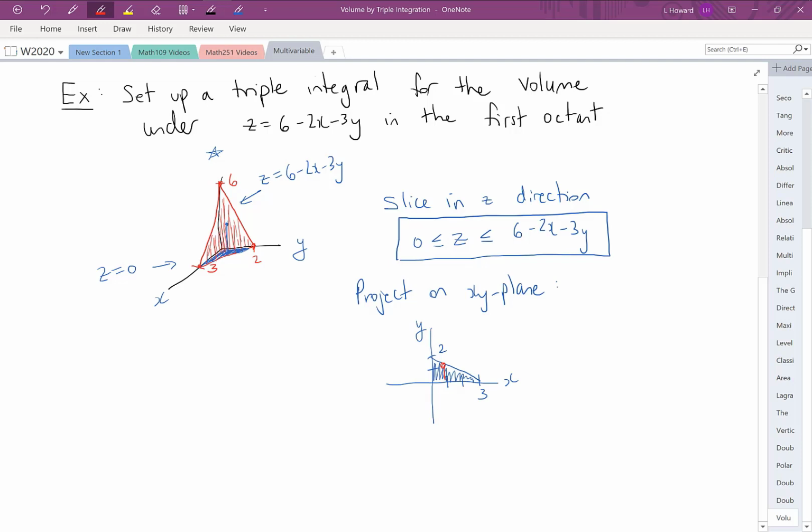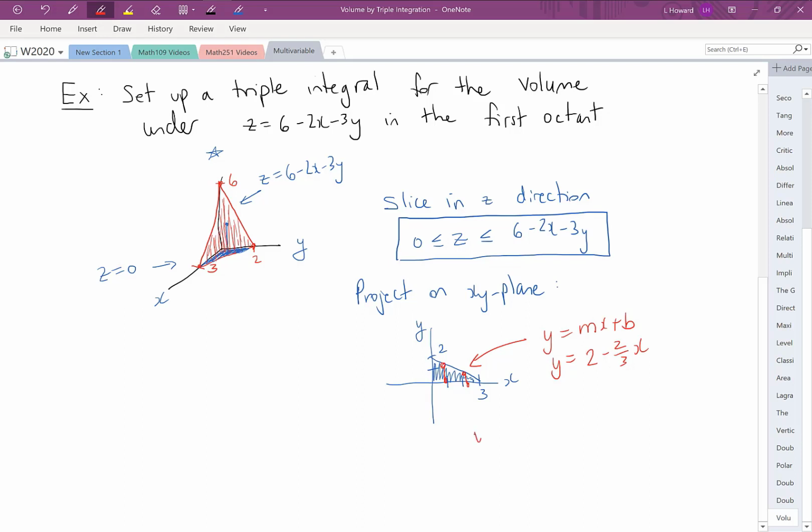So imagine taking some vertical slices through that triangle there. In order to describe our y values, we're going to need the equation of that line. So let's go to y equals mx plus b. Our y-intercept is 2, and our slope is going to be minus 2/3. So we've got 2 minus 2/3 x for the equation of that line.